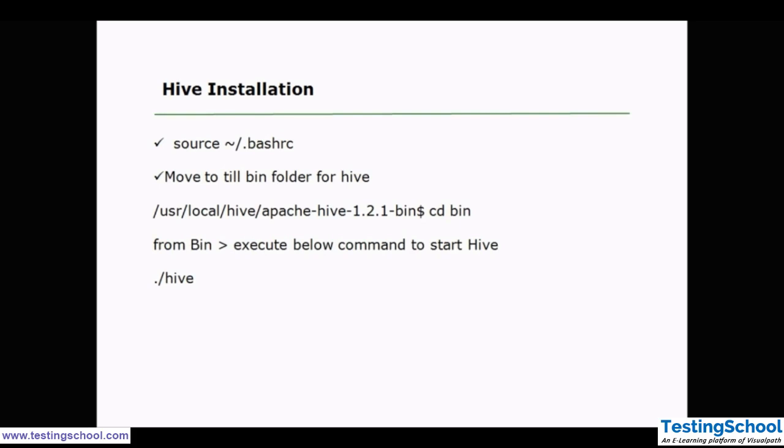Once this is done, you need to move to the bin folder of your installed directory and just execute ./hive or only hive, and then you can see that your Hive is installed successfully and is open in the terminal.